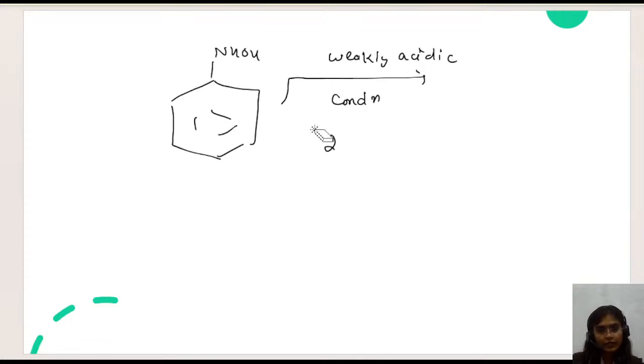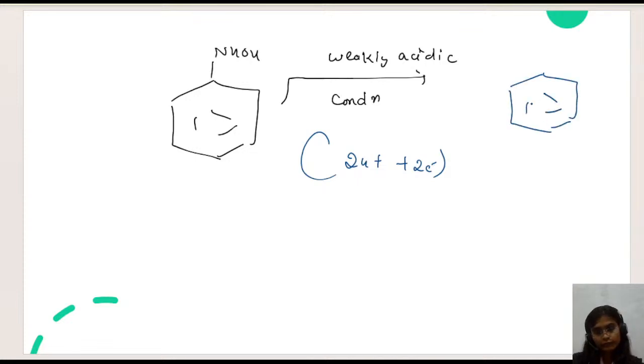Let me highlight that. What do you mean by weak? It means less acid added on that side. Aniline forms, point number one.